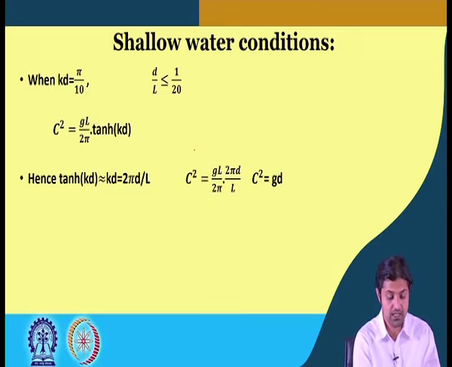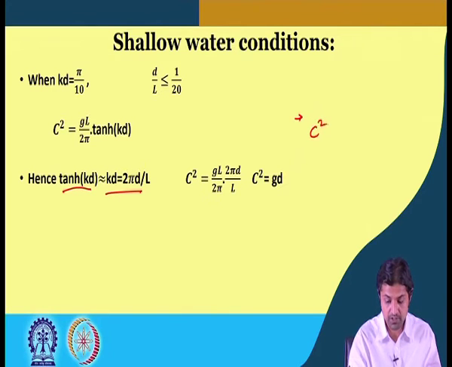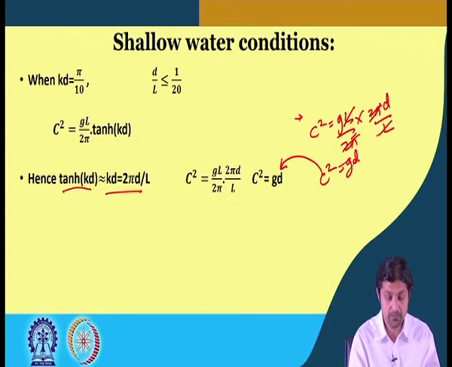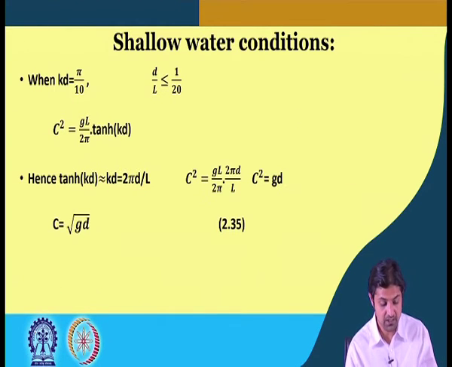Then tanh kd can be written as kd, which is equal to 2 pi d by L, so C square will become gL by 2 pi into 2 pi d by L, right. So, 2 pi gets cancelled and C square is equal to gd, same as what we have written here. Alright, so C is under root gd.